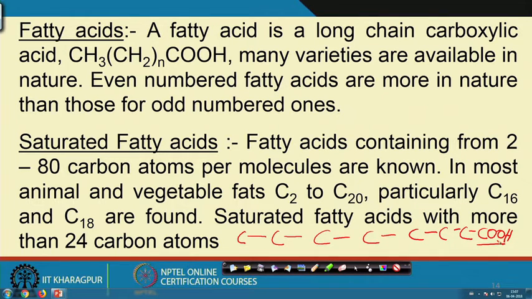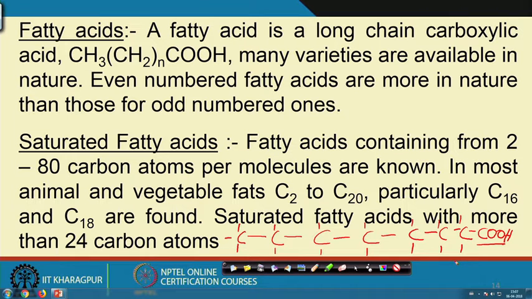Now, if all of them are with hydrogen, then it becomes an alkyl group, whatever be the name.